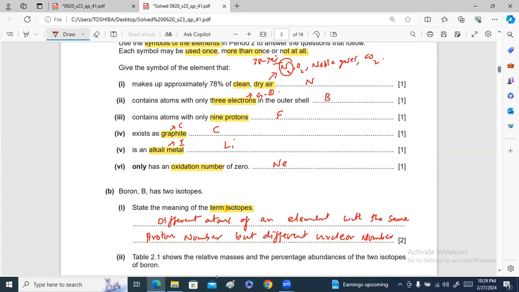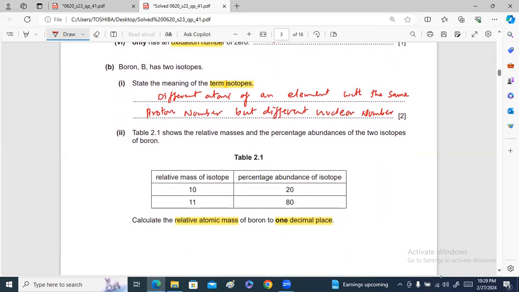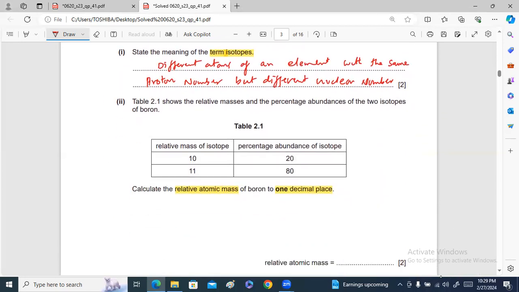Or we can also say that the atoms of the element which have the same number of electrons and protons but different number of neutrons. Then, this is the question regarding relative atomic mass.